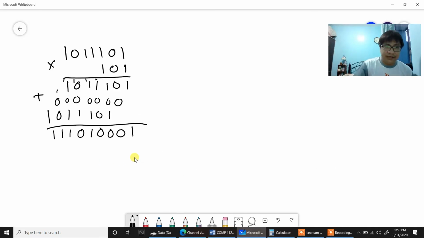Now to check if our decimal is equal to the binary, let's convert them. So this is 1, this is 2, 4, 8, 16, 32, 64. We will just add those ones. 64 plus 16 is how much? 80. 80 plus 8 is 88, plus 4 is 92.